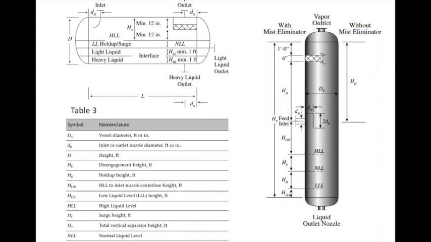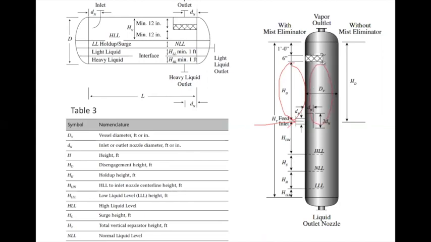And you see that this is the feed, right? So let me pen down here. From here you'll get the feed, and once you get the feed, there is a disengagement section. This is the disengagement height, right? Here the liquid and vapor get disengaged.